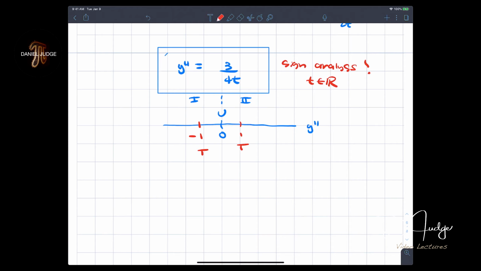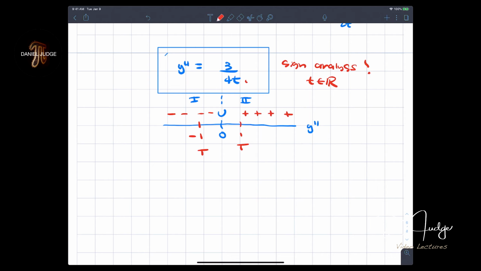So plug these values into the second derivative. Now, when t is -1, the second derivative is negative, because 4 times -1 is -4, so that's 3 over -4. I don't care about the answer, I just care about the sign. And then I plug in t as 1 here. I get 3 over 4, but that's positive now.